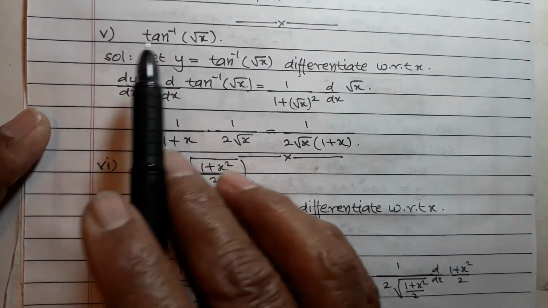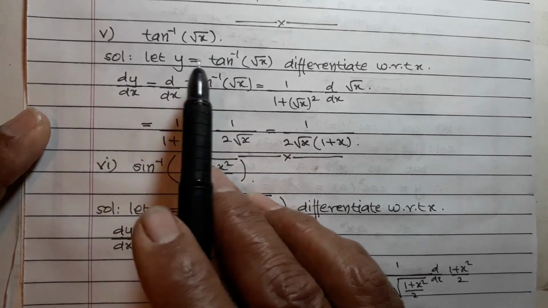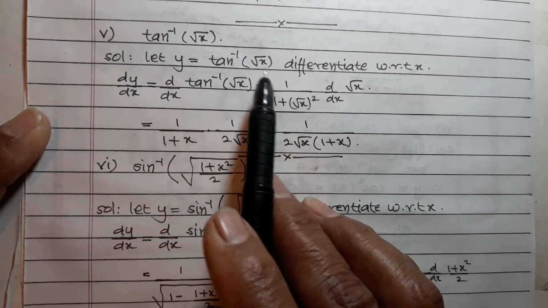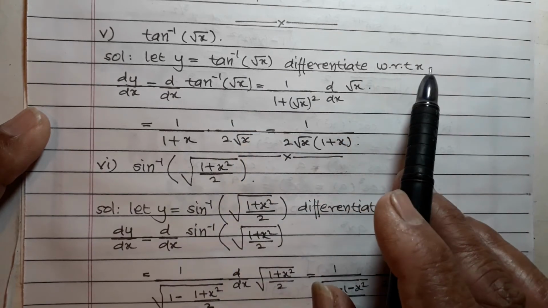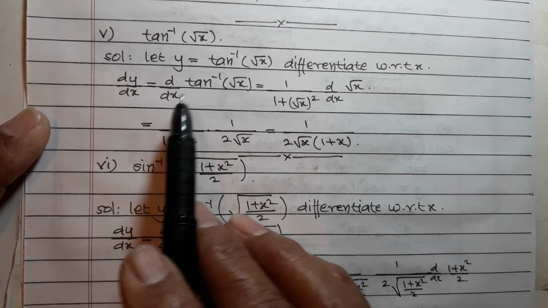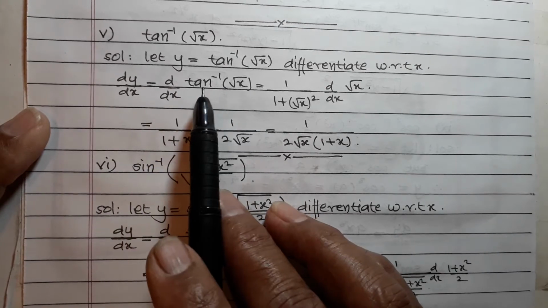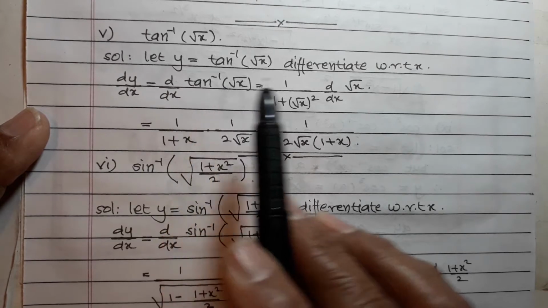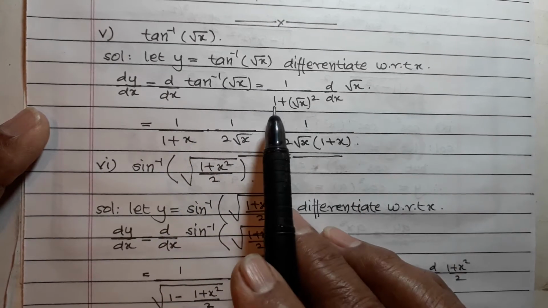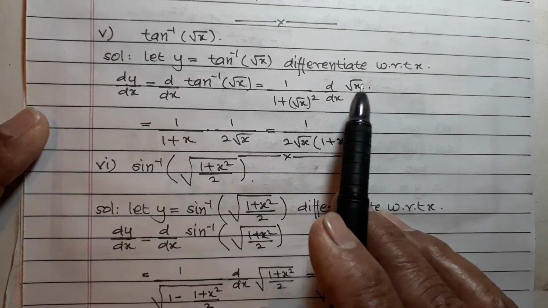Question number 5. Tan inverse root x. Solution. Let y is equal to tan inverse root x. Differentiate with respect to x. dy/dx is equal to d/dx of tan inverse root x. First differentiate tan inverse, that is equal to 1 upon 1 plus (root x) square, and then the derivative of root x.